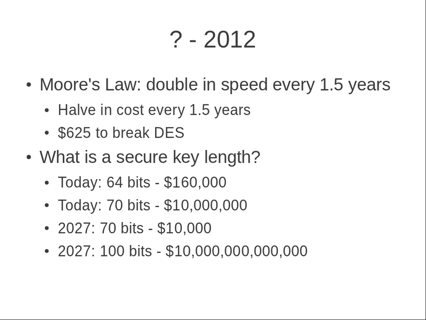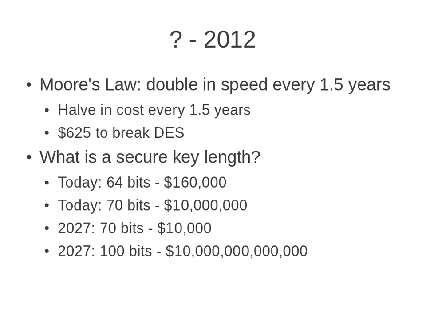In 15 years' time, let's say the encrypted information was to be secure for 15 years. In 2027, 15 years from now, it's cheap, $10,000.